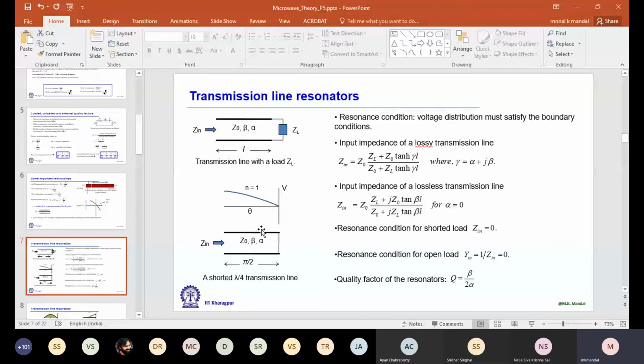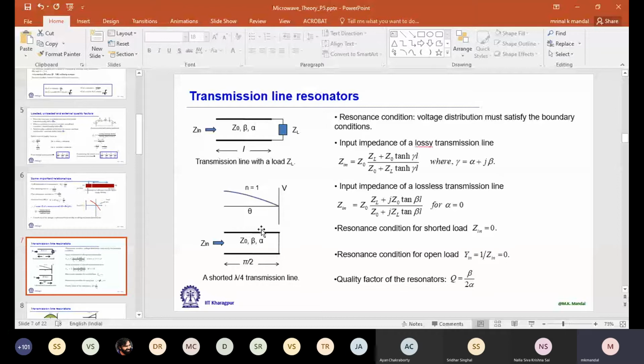Now you can see the next slide, transmission line resonator. We used the same definition of resonance, and now we can have some fixed given length which will show this resonance phenomenon. You can compare this with the string problem which you learned in class 11 or class 12.